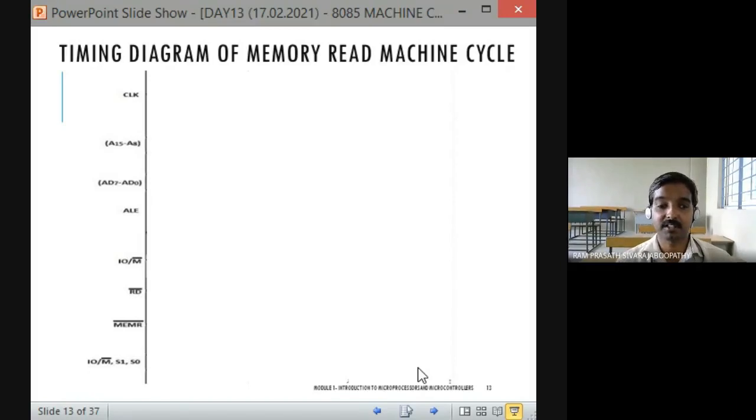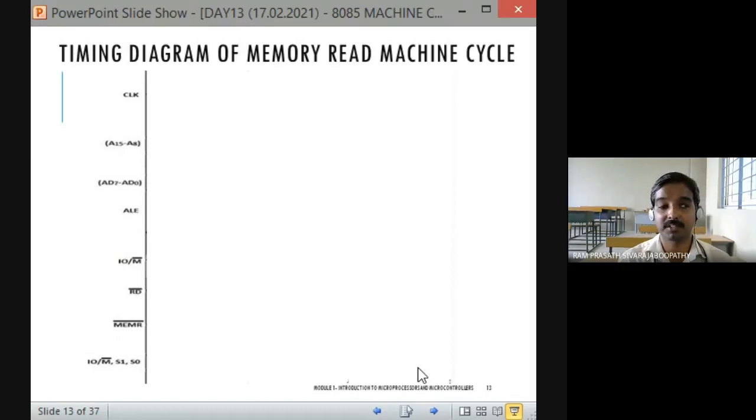If it is a memory read operation, what are the things that have to happen? To read data from memory, what does the processor have to do first? In this memory read machine cycle also, it has to send the address of the memory location.